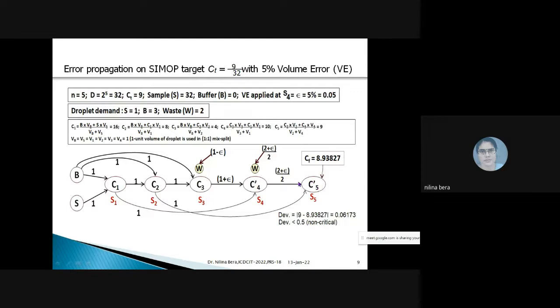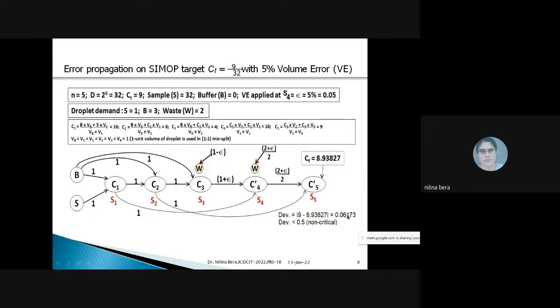So what is C5 becoming? Instead of getting 9, we get the altered concentration factor at the final step, 8.93827. So now the concentration factor is changed. The deviation, 9 minus 8.938, comes to 0.06.